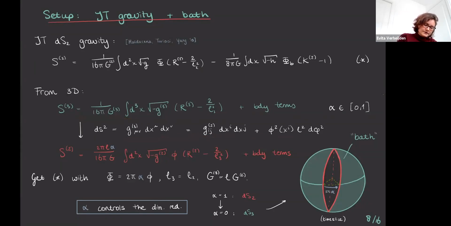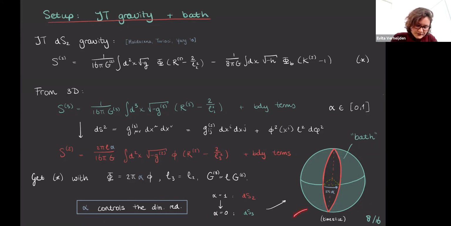And what you'll find is that doing this reduction, you end up with basically the JT action if you identify the dilaton here with this angular component of the metric and the parameter alpha that I introduced. So alpha controls dimensional reduction here, and for alpha equals 1, we've done a full dimensional reduction, and we're left with only JT gravity in de Sitter. And for alpha equals 0, we didn't do anything.